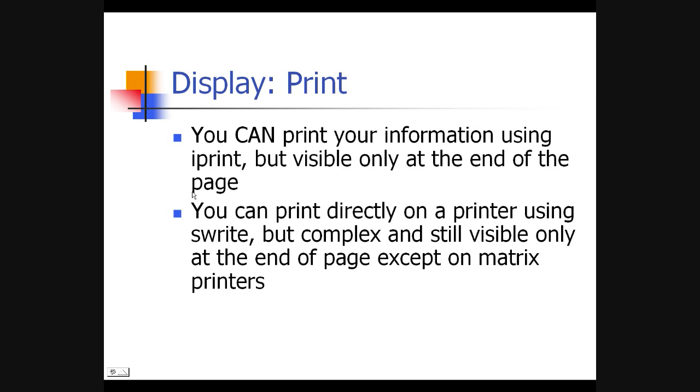You could also print directly on the printer using SWrite, line by line. So on a matrix printer, if you still have one somewhere, it will display line by line the way this wonderful system was working on the big systems a long time ago.